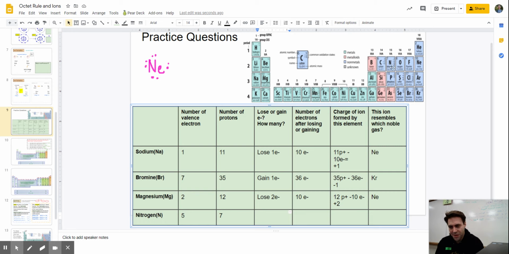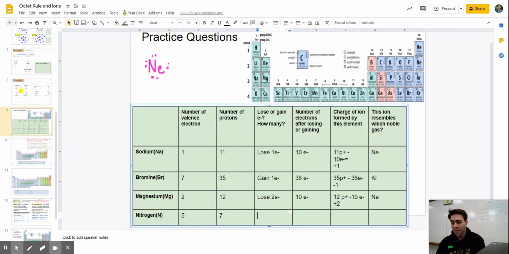So what's the closest noble gas to nitrogen? I go over 1, 2, 3, and get to neon. I go to the left, 1, 2, 3, 4, 5, and get to helium. Neon is actually closer, so it's going to want to look like neon.